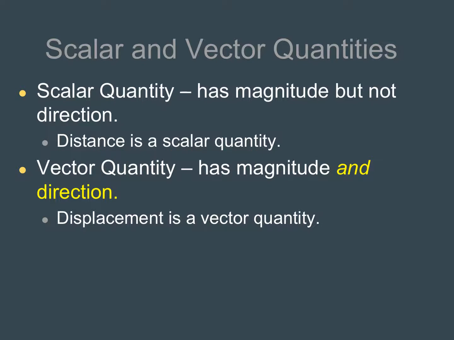So distance is what we call a scalar quantity. A vector quantity, on the other hand, has a magnitude, or a number, and a direction. The thing we just talked about that has a direction along with that number is displacement. So in physics, when you ever hear about something called a vector, it's always something with a number and a direction. And this, in our case for today, is displacement.